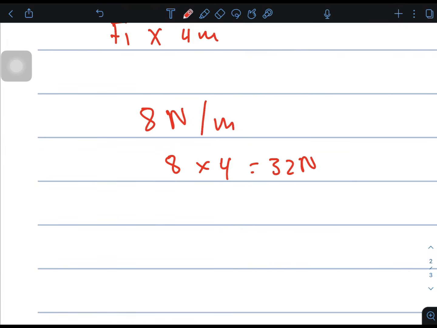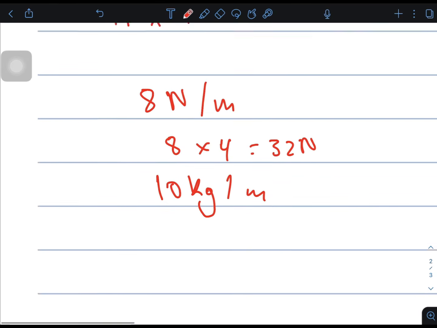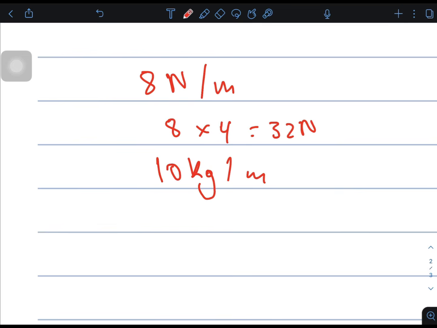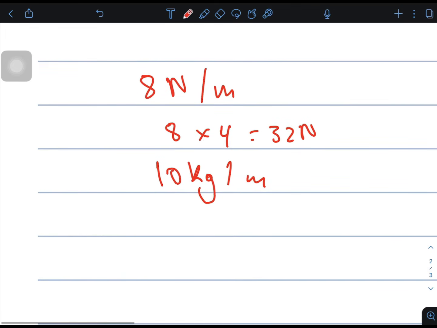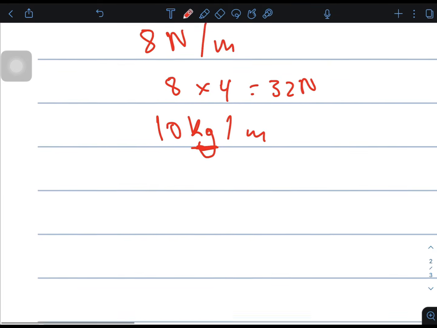Sometimes it can be given in this ratio, let's say 10 kilograms per meter. Guys, because we are talking of a load, and it's in kgs, the first thing I have to do is convert those kgs into newtons.